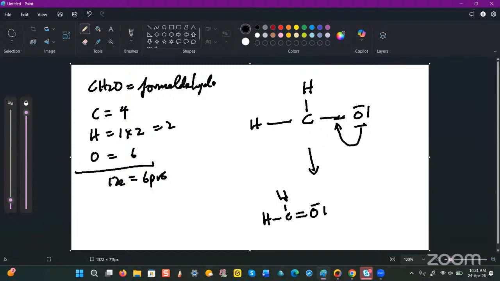So now each atom is satisfied in terms of the maximum number of electrons that their outer shell can accommodate, including carbon, because as you can see here, the carbon will have 2, 4, 6, 8 electrons. Oxygen still has 8 electrons, and the hydrogens, of course, will have their 2, which they're satisfied with. So therefore, this would be the final answer right here. All right? Okay, any questions about this? Any questions?